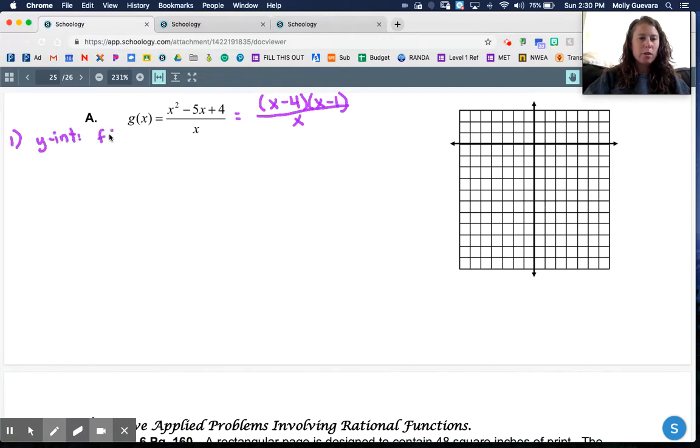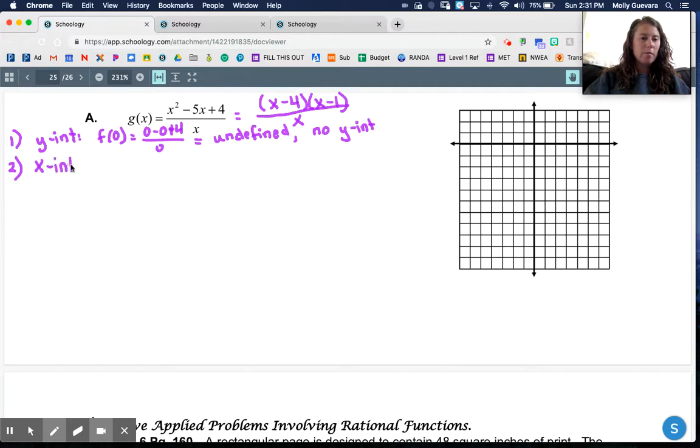I'm just going to plug in 0, and I get 0 minus 0 plus 4 over 0. Cannot have 0 on the bottom, so that is undefined, which means that there is no y-intercept. So the graph is not going to cross the y-axis. That probably means that there's an asymptote there.